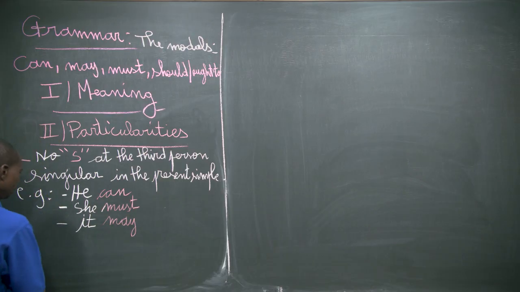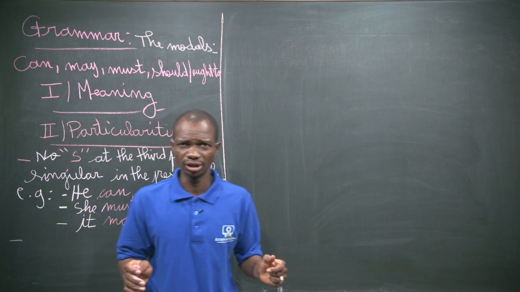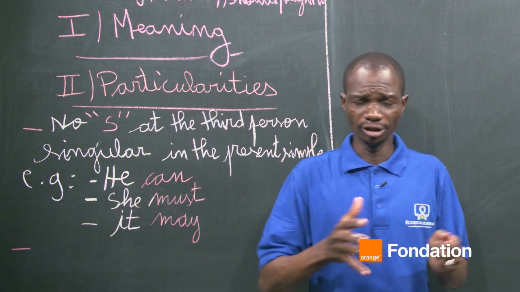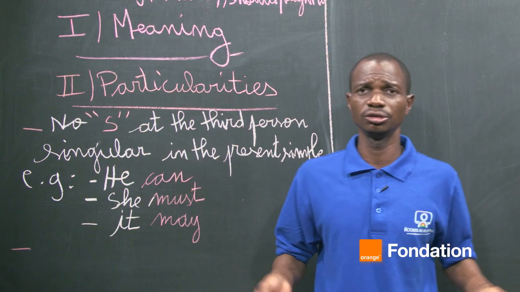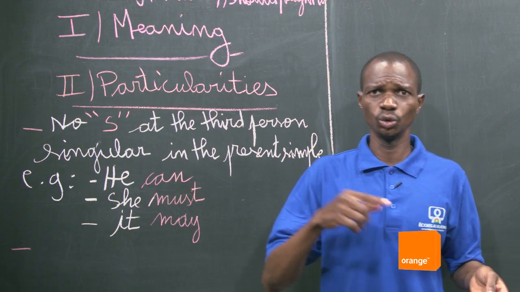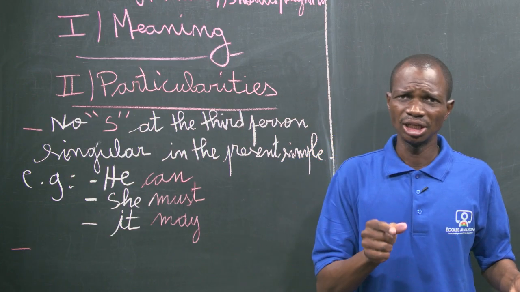Second particularity: they don't have the complete infinitive form. For example, the complete infinitive of ordinary verbs is with to, like to drink or to dance.